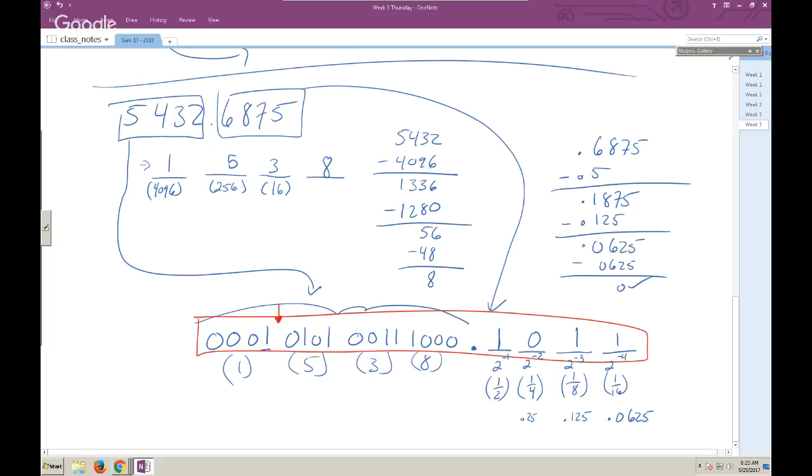Right, we move the decimal point to the immediate right of the leading one. Absolutely, and we count how many spaces that is. So that's 1, 2, 3, 4, 5, 6, 7, 8, 9, 10, 11, 12. Write that down. Right, we move the decimal point 12 times, we normalize the number.